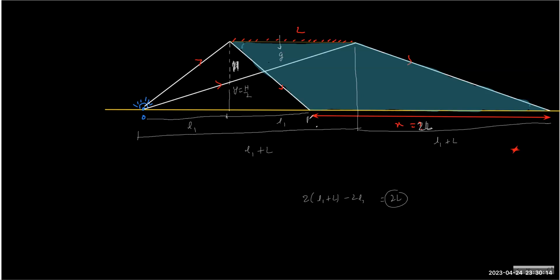Or you can say at what speed will this point A go away? Because as the mirror comes down, the length remains the same, but as a whole it will shift, right? As I draw the mirror below, the same spot will form far away. Yes or no? So if it is free falling from height capital H, at the time when the height is H by 2, what is the speed of the spot?